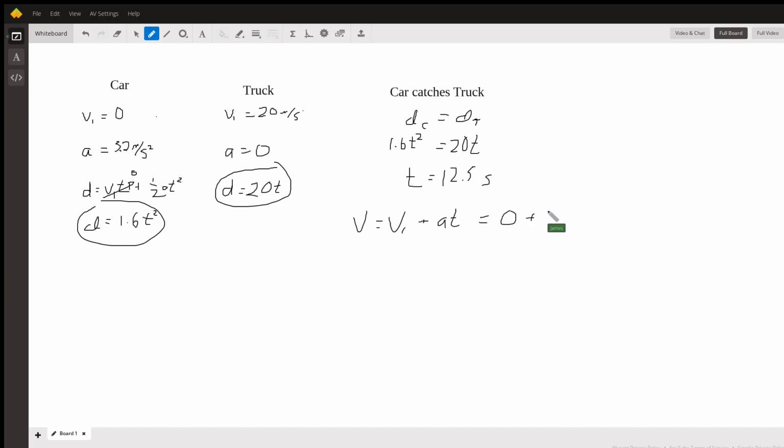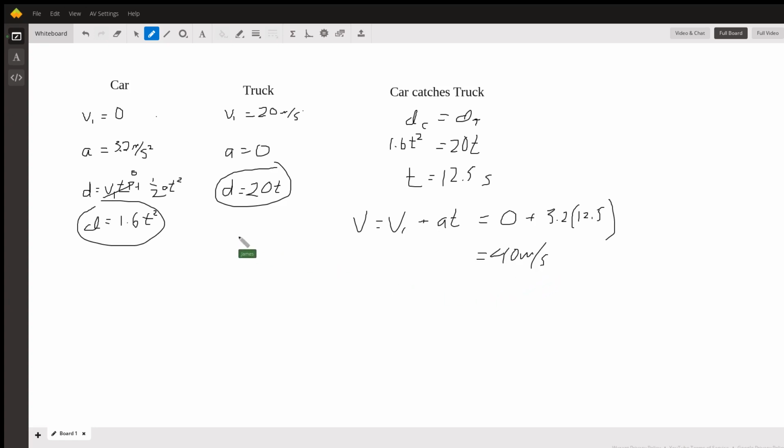Its acceleration is 3.2. And the time is 12.5. And so we find that the car is traveling 40 meters per second when it catches the truck.